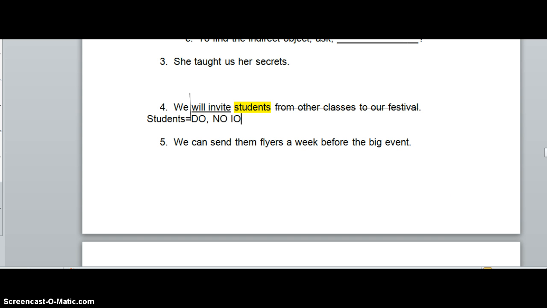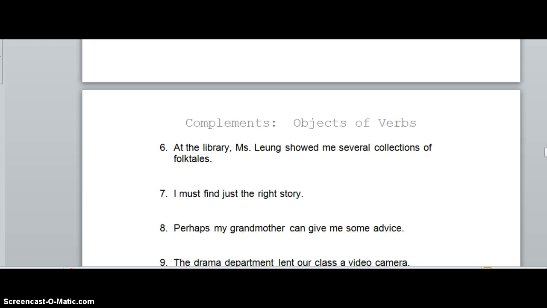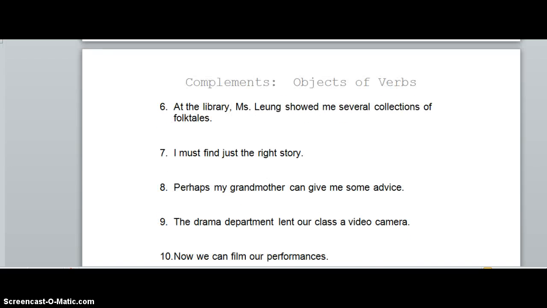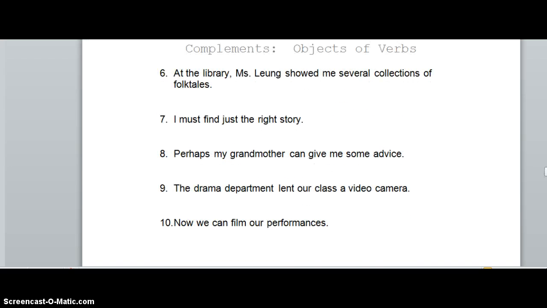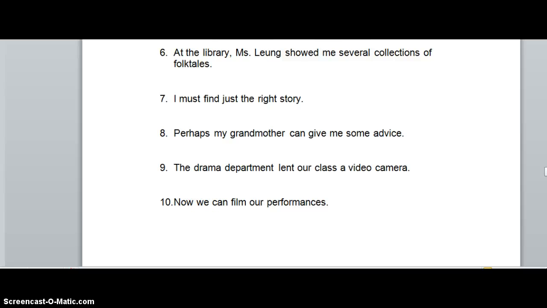Okay. I'm going to jump around a little bit. Let's try number 9. So once again, I am going to find my action verb. I see that it's lent.